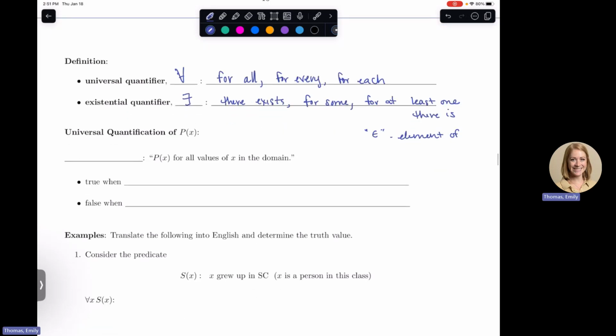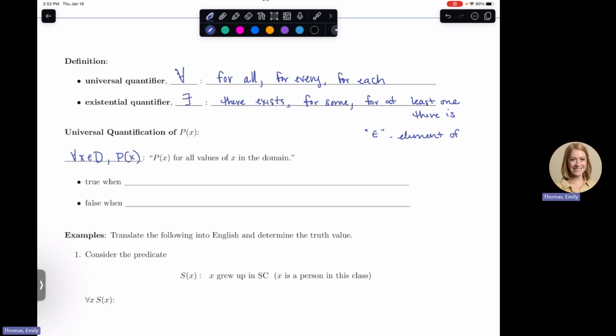What helps me is reading them as they are, so that it trains my brain to remember. For the universal quantifier: for all X that are elements in the domain, so that's where the little E is, so for all X that are contained in our domain, that's the D, P of X. This is a generic thing, so we don't have any domain yet, and therefore we don't have any X's yet.